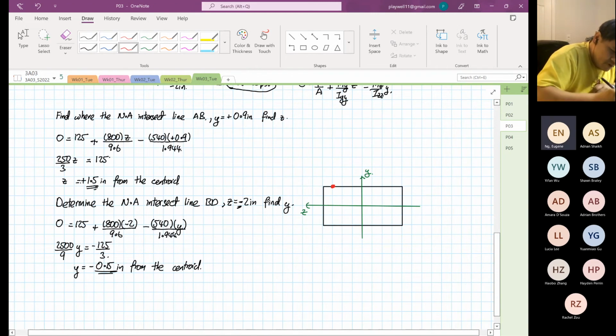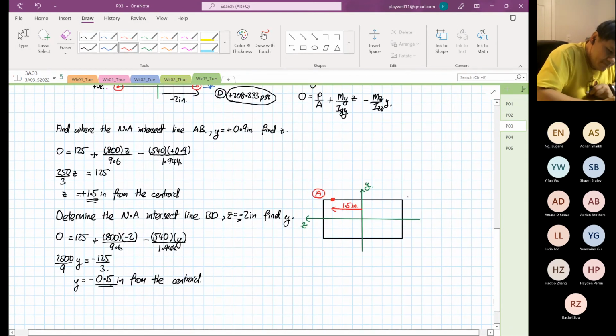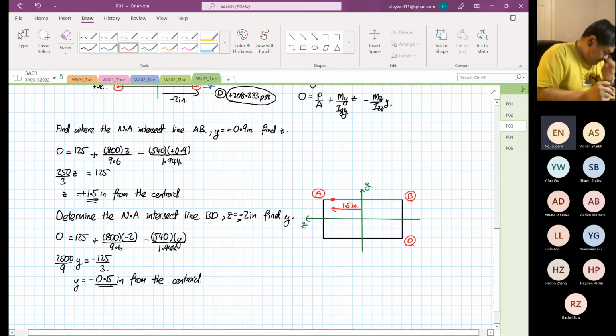All right. So the distance from here to here is 1.5 inches. Right. So this is where we have our point A. Right. Then we have our point B and point D. But based on the formula that we are currently using, the y is minus 0.15, right, minus 0.15.